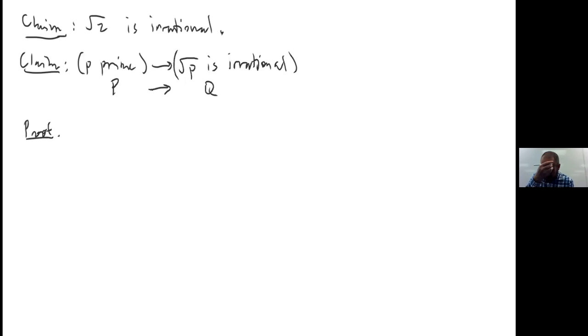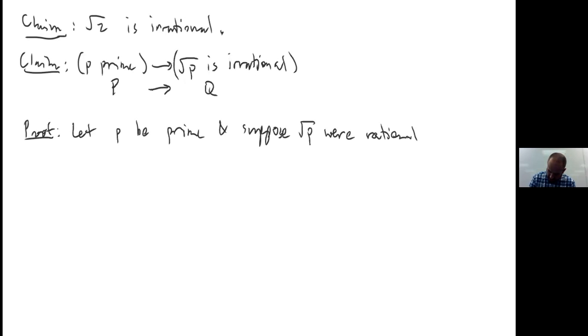Okay, what do we kind of assume? Okay, so let P be prime, and suppose the square root of P were what? Yeah, that's right.